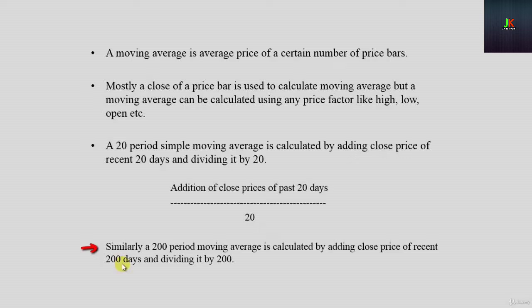Whatever figure comes out is plotted below the recent bar. Once these figures are plotted over a number of bars, you will see them forming a continuous line. Hence, a moving average looks like a line plotted on a bar chart.